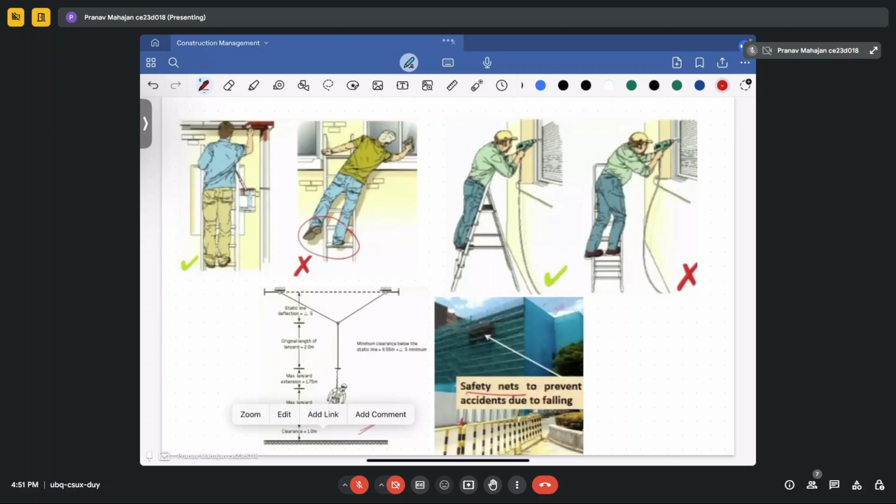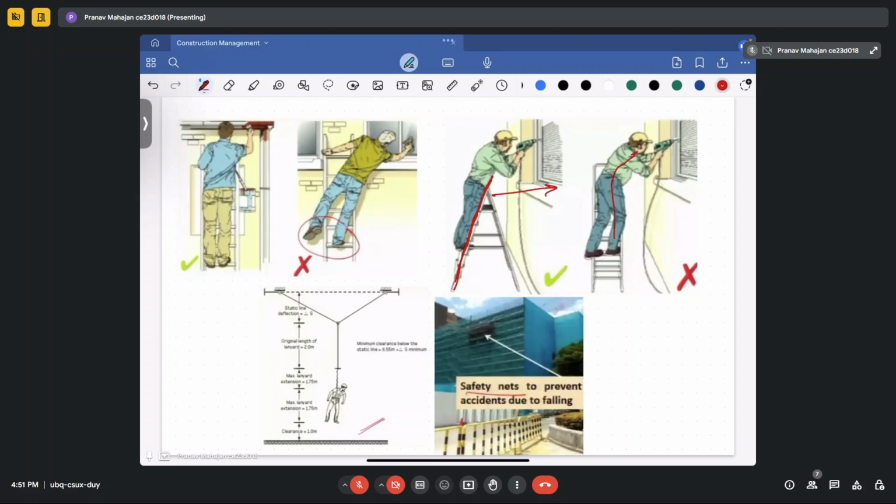Whenever you have to do the work, you have to place the ladder in the direction in which the work is to be carried out. In this, you can see that the person himself is putting his weight on the ladder so that he can do the work properly. Whereas in this case, if he gets imbalanced at that point, he might fall from that height.